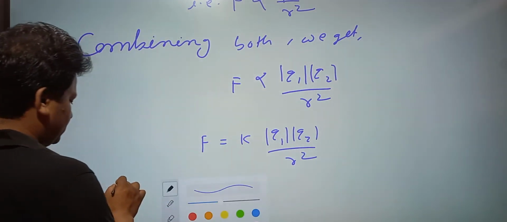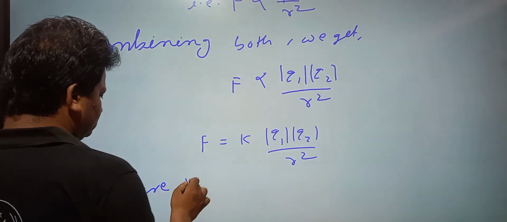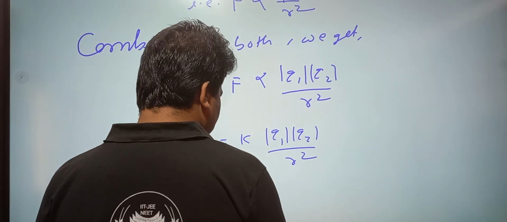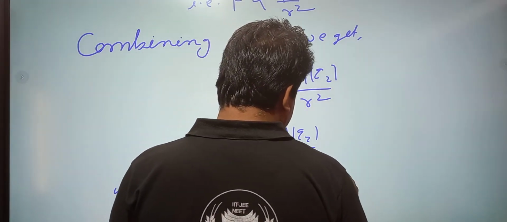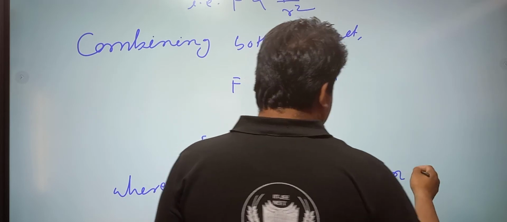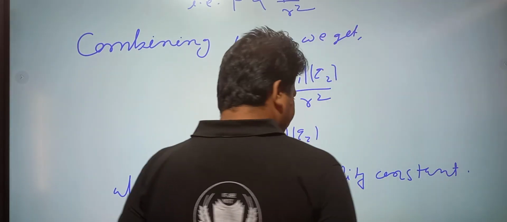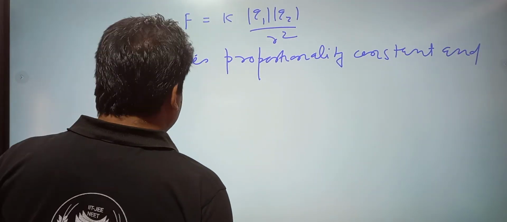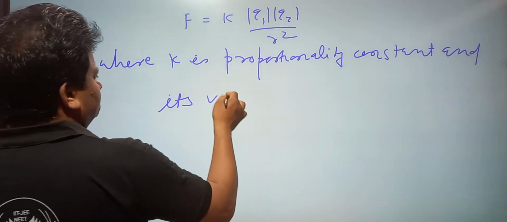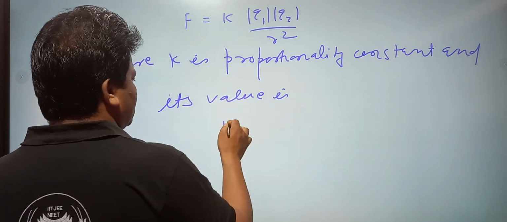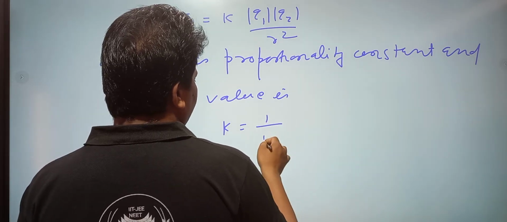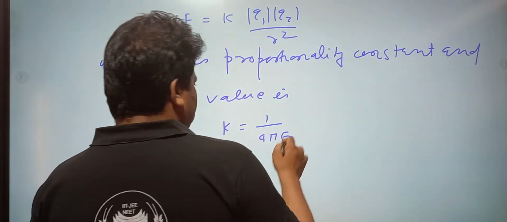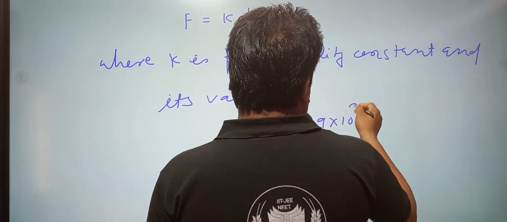This constant is called the proportionality constant, and its value is K equals 1 upon 4 pi epsilon naught, which is equal to 9 cross 10 to the power 9.